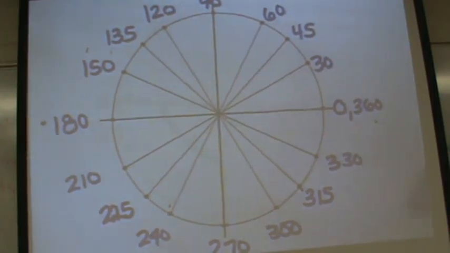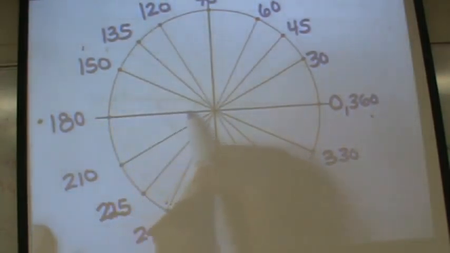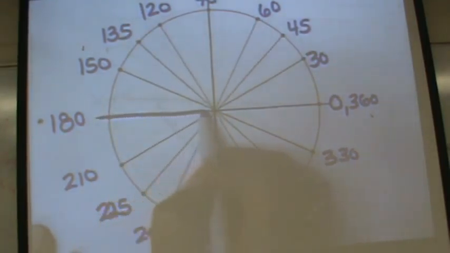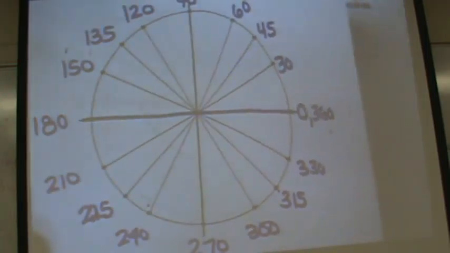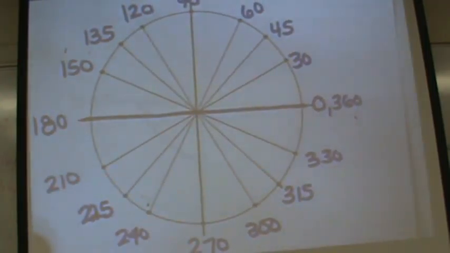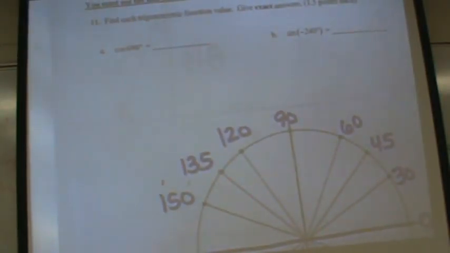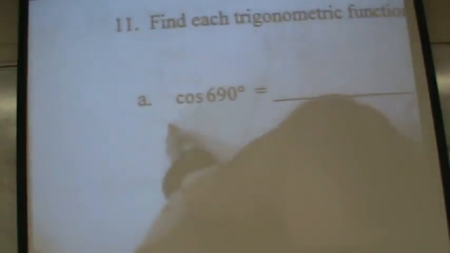Now, question 1. Remember, you're always thinking about that x-axis. The x-axis, that's the important axis. So question number 1. Holy moly, we have a 690-degree angle. Way too big. So what am I gonna do? Minus 360.